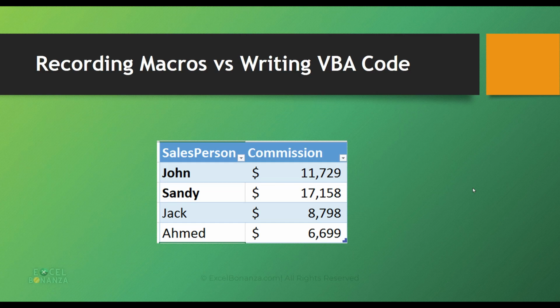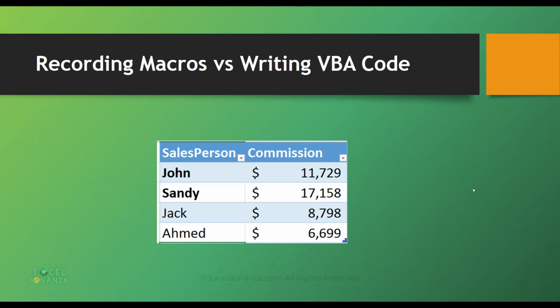The second thing is that sometimes you may want to write a macro to do something, however you do not know the method or property for that thing that you want to do. So you don't know the property to change or the method that would enable you to do that. We will speak about methods and properties later in the course. But you basically don't know what code to write.